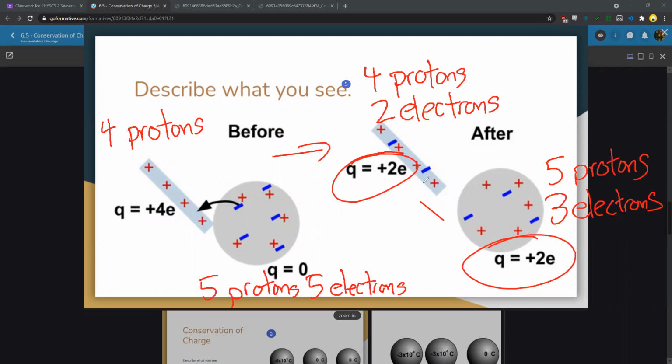I'll give you 30 seconds to a minute to finish writing your answer to number 5. Now, if you're done with question number 5, you may move on to question number 6.